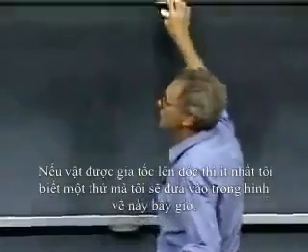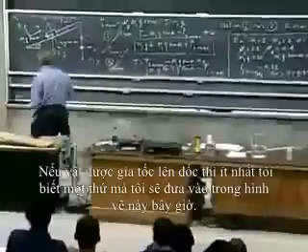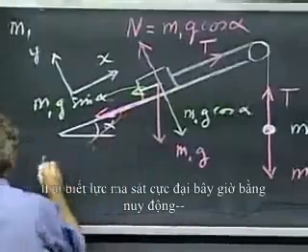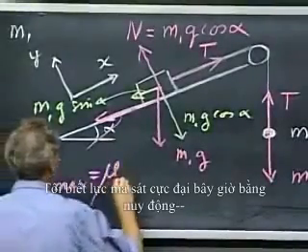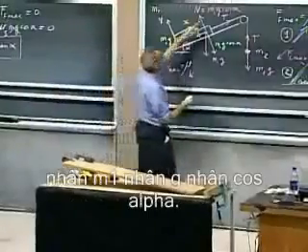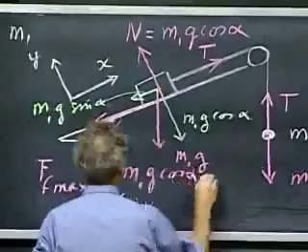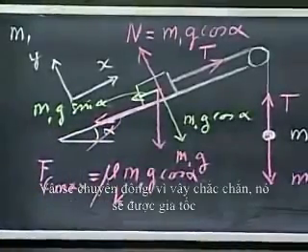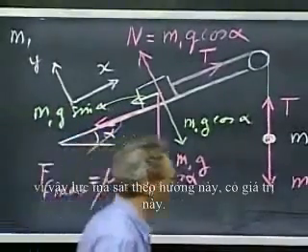If it is going to be accelerated uphill, then at least I know one thing, which I'm going to put in this drawing now. I know that this is the maximum friction possible, which now becomes mu kinetic times m1 times g times cosine alpha, because it's going to move. So that is already one change. It is moving, for sure, it's going to be accelerated, so the frictional force is in this direction and has this value.